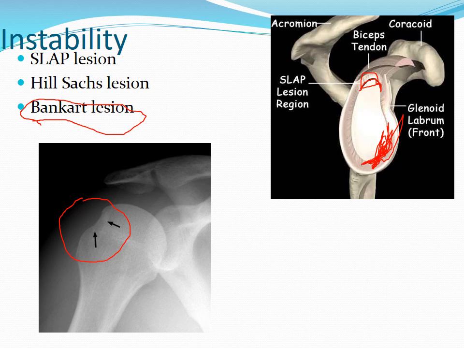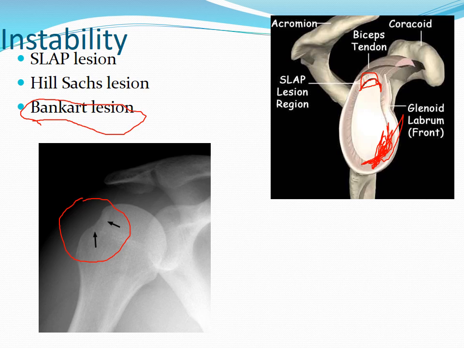So a Bankart lesion is a lesion in which, usually after an anterior dislocation, you tear part of the anterior inferior labrum. So right in this area, anywhere from normally about 3 o'clock down to about 6 or 7 o'clock. That's usually Bankart.